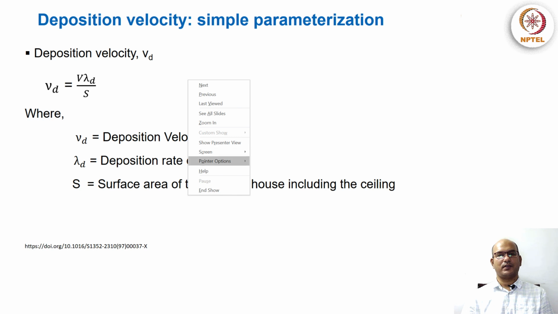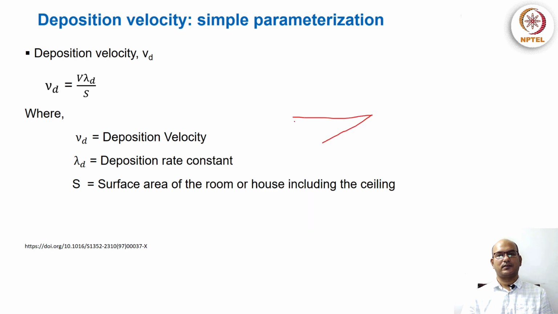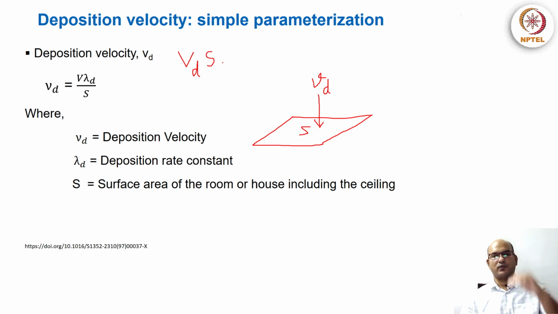So let's say this is our surface area S and this is the deposition velocity. Vd times S is our deposition flux, meter per second multiplied by meter square area. So this is our deposition flux downwards.